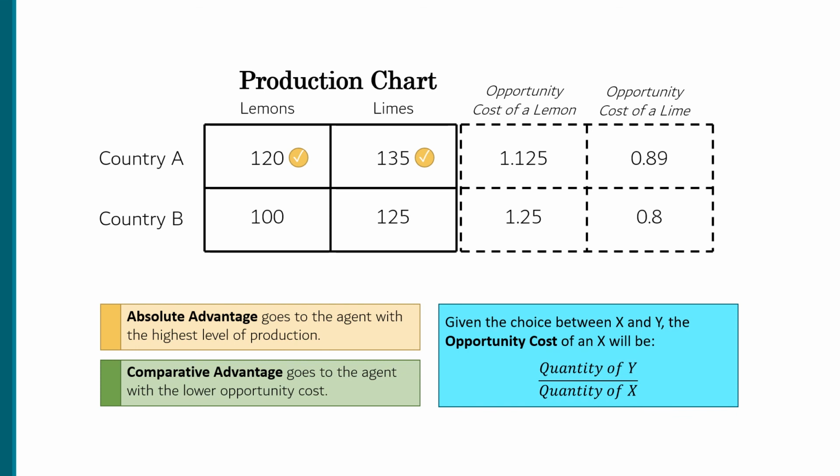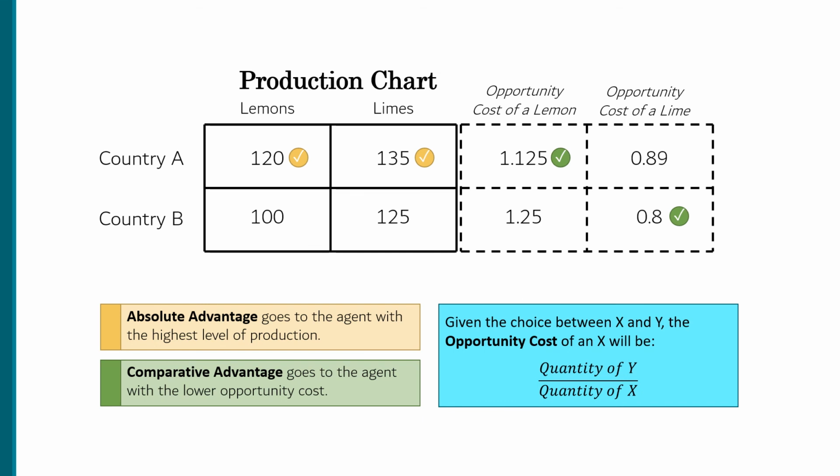With these calculations, we can find the country with the comparative advantage in each thing. Since 1.125 is less than 1.25, country A has the comparative advantage in lemons. Since 0.8 is less than 0.89, country B has the comparative advantage in limes.